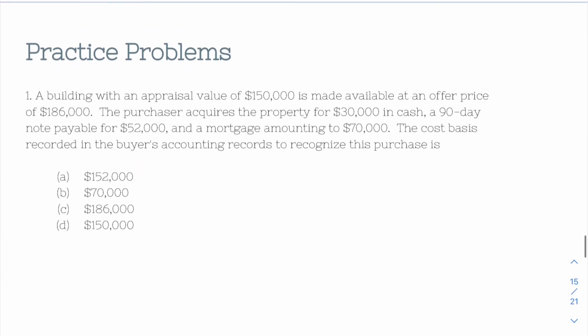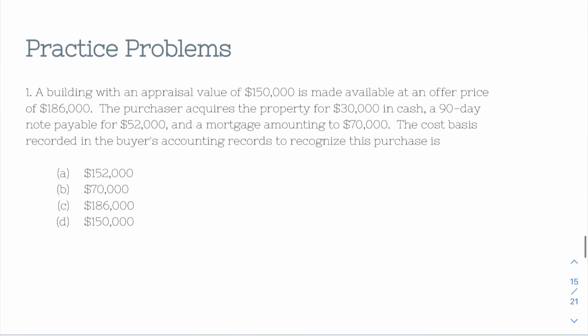So again, I'm going to run through some of these with you, go through the methods again, go through some depletion problems so you're more comfortable with the material. So this first one has to do with that cost concept we talked about first. So it tells us that a building with an appraisal value of $150,000 is made available at an offer price of $186,000.